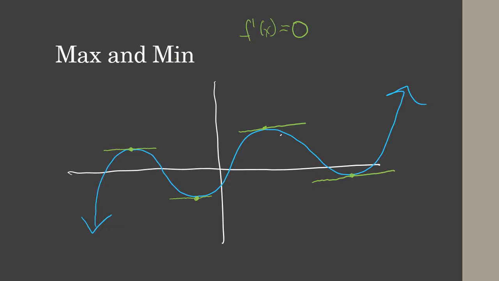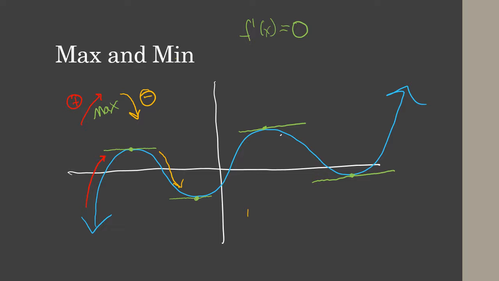Now, if we look here at this first point, first our slope, our derivative, is going to be increasing, right? And then it's going to be decreasing. And so when we have a max, our derivative is first increasing and then decreasing. Or we have a positive slope, then a negative slope with that derivative, and that's a max there.